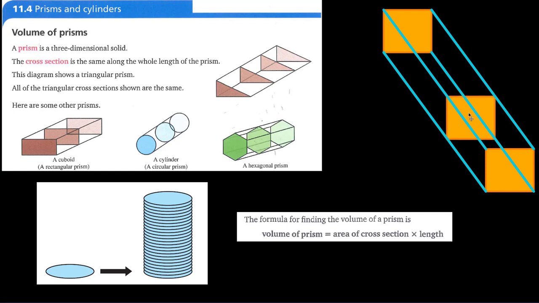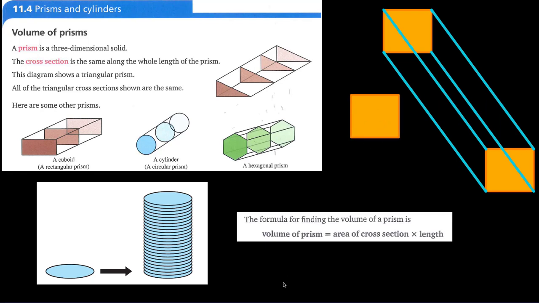I'm moving here again, and you see the same thing. That's why this part is called the cross section of the solid, which repeats. With respect to the cross section, the prism gets its name.